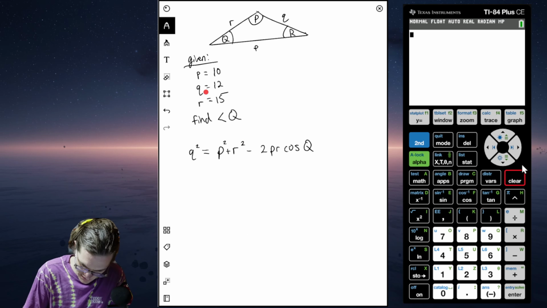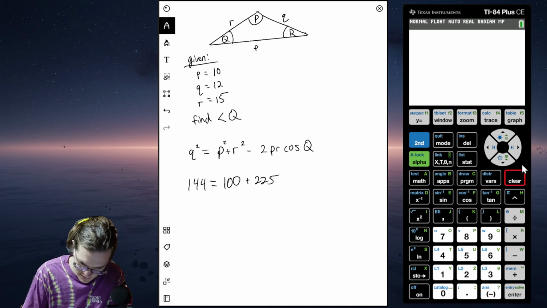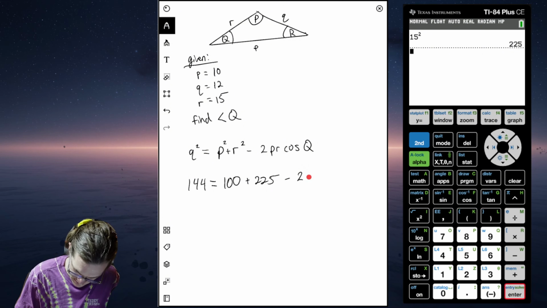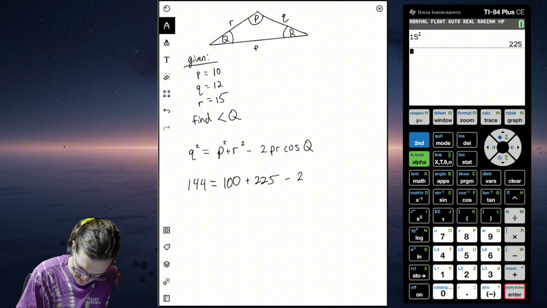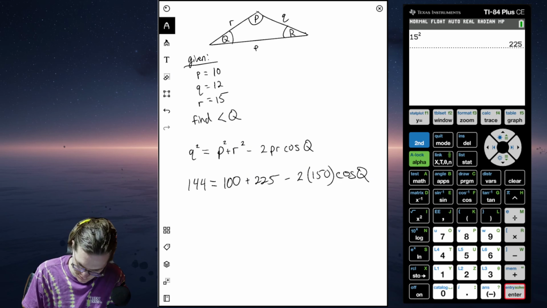And so we plug in 12 squared, 144, 10 squared, 100, 15 squared is 225. And minus 2 times PR, which is 2 times 10 times 15, is 150. So same deal for this one, it's plug and play.